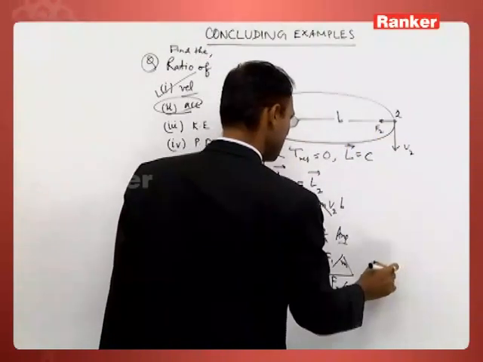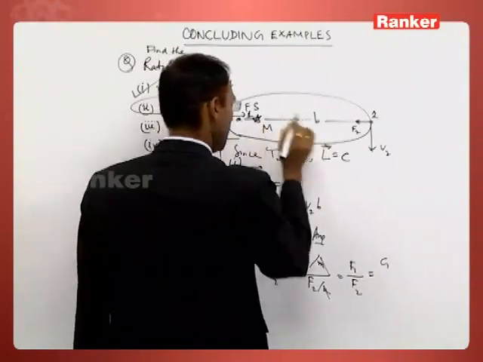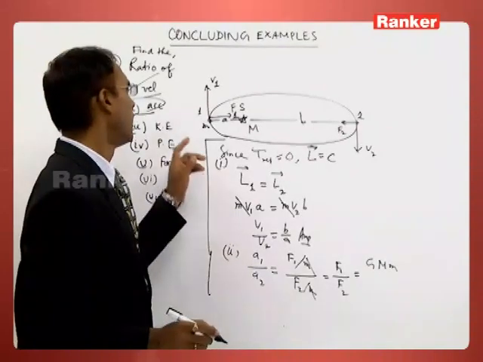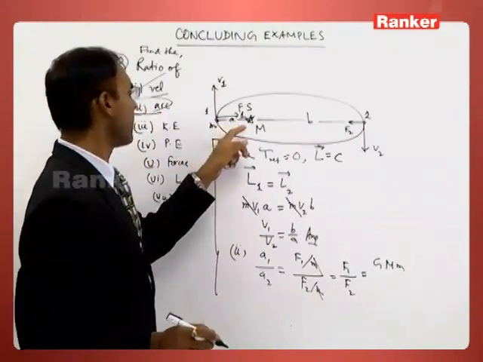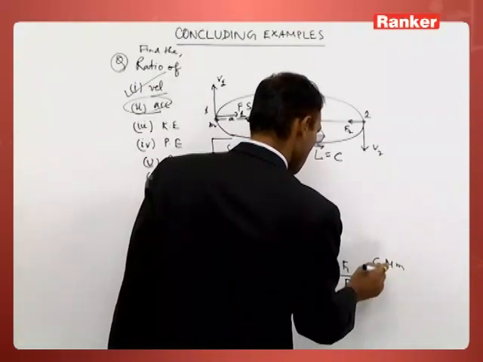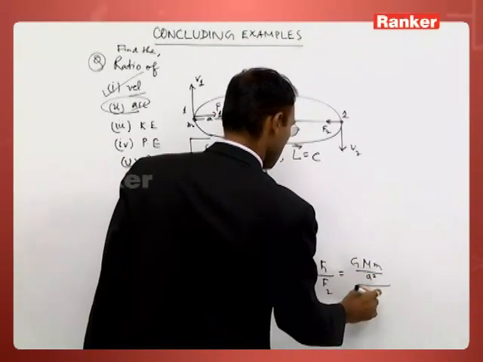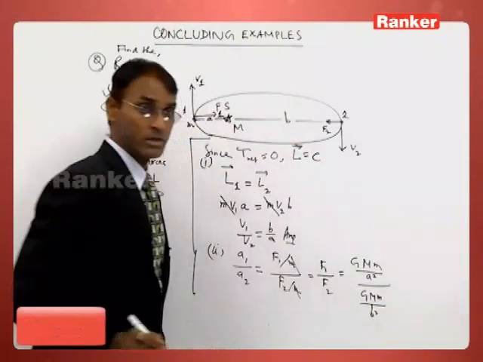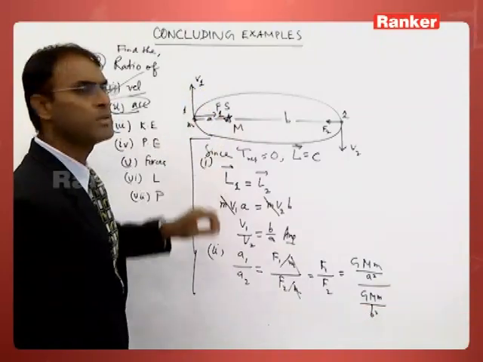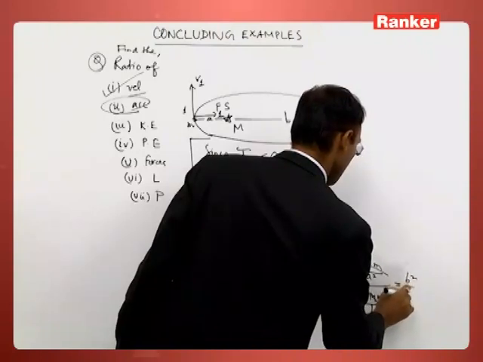And here the forces, let us assume that small m and capital M are the masses of the planet and the sun respectively. So F1 can be written as GMm by a square and F2 is GMm by b square according to the law of universal gravitation of Newton. So these two will get cancelled. You are getting b square upon a square. Answer.